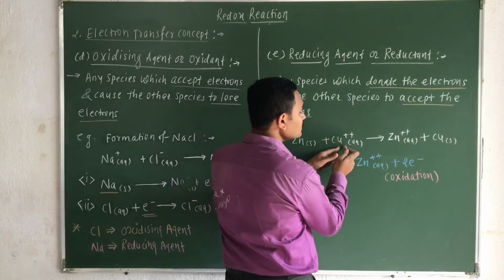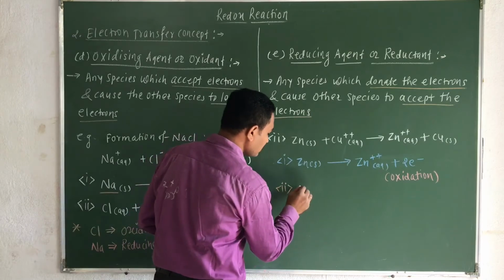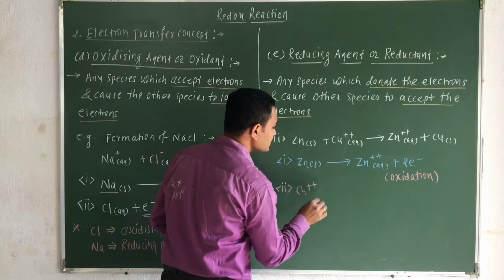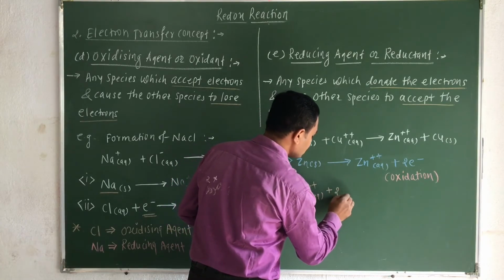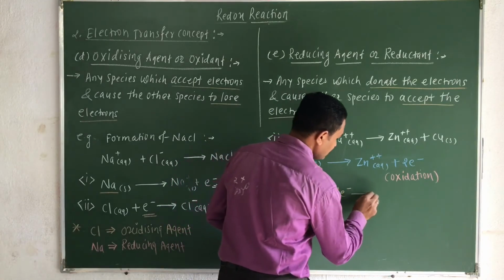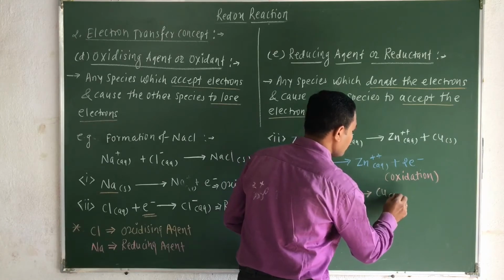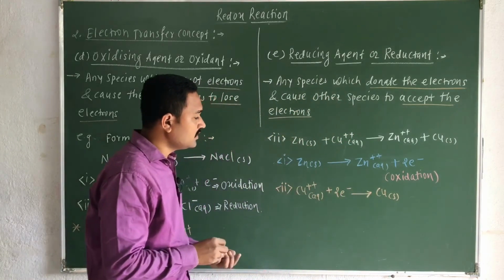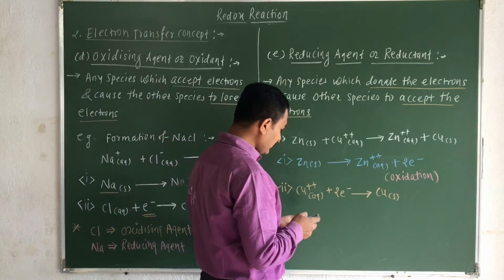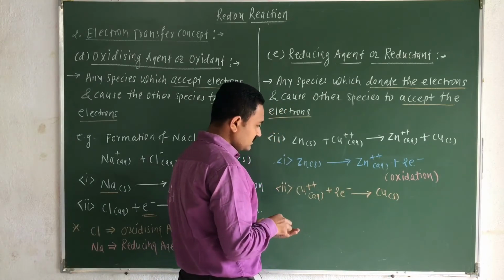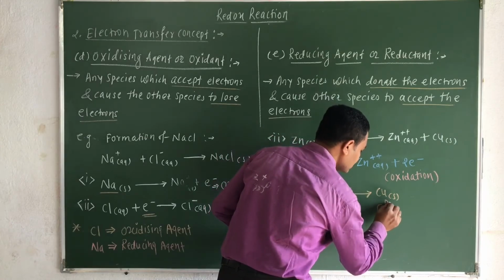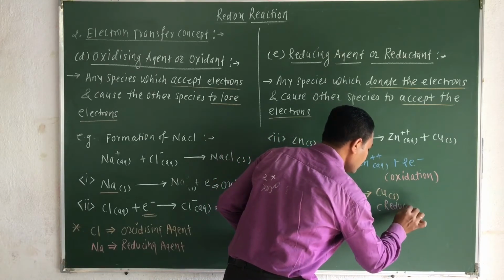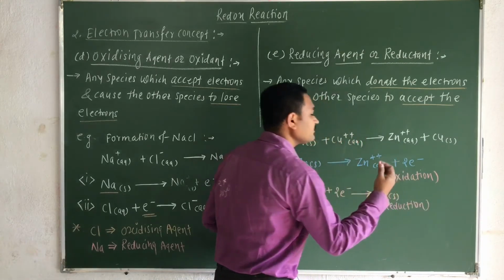That means there is a neutralization of positive charge. Neutralization of positive charge takes place by the gain of 2 electrons, and it gives copper in solid. So as there is a gain of electron, this will be your reduction process.